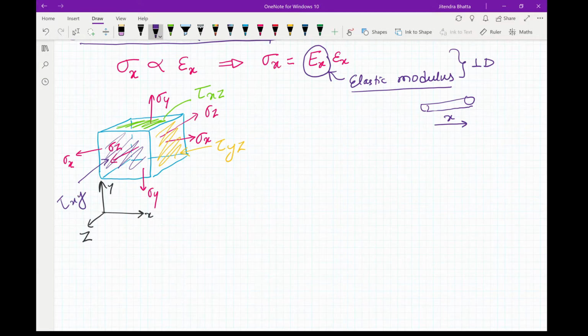So you can see here that there are 6 stress components. Similarly, there will be 6 strain components.